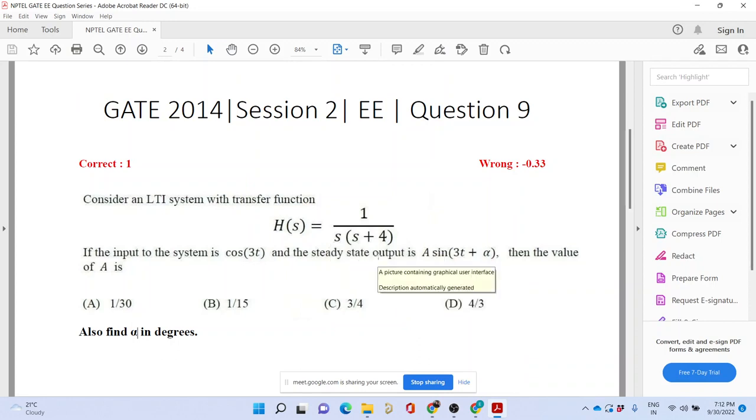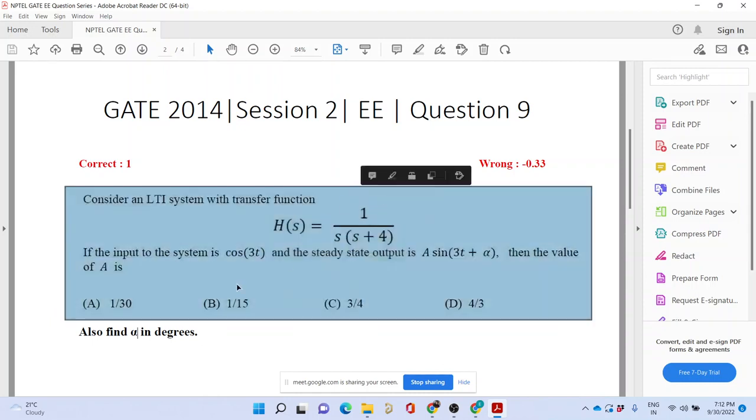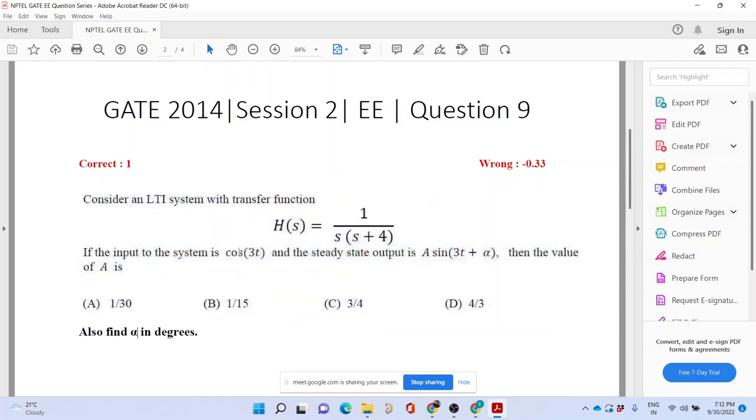The first thing to keep in mind is that cos of 3t is given as input. This is an LTI system, so it is not going to change your waveform at steady state. Whatever you give as input, it would produce a similar output, with a similar wave shape.